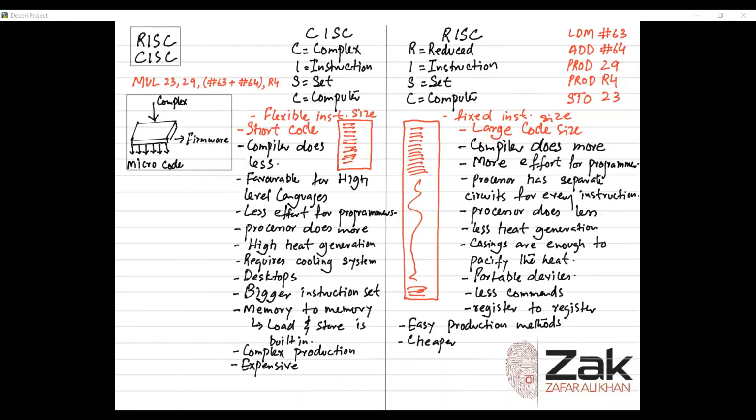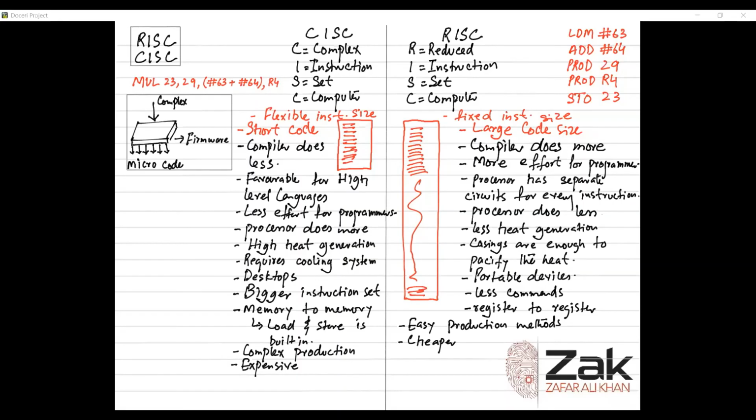So high level languages are built on top of complex instruction set code, whereas assembly language is built on reduced instruction set code. And we know that whatever you do, ultimately the processor has to convert everything the way the assembly of that processor requires. Okay, so less effort by the programmer. Obviously the programmer has to write less code.